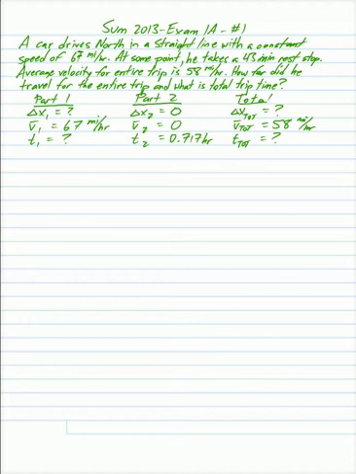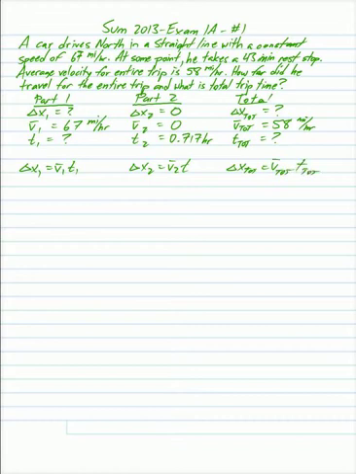Alright, so now I'm going to write down equations for each part of the trip. I've got that delta x1 is equal to v bar 1 t1, delta x2 is v bar 2 t2, delta x total is v bar total t total.